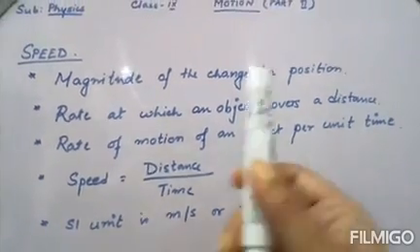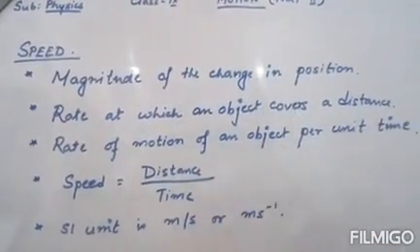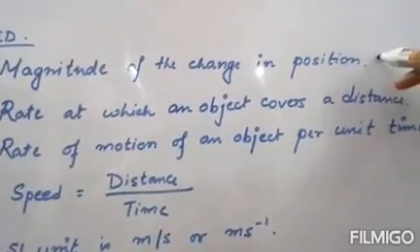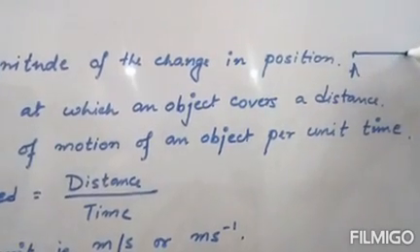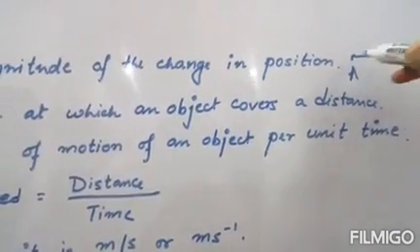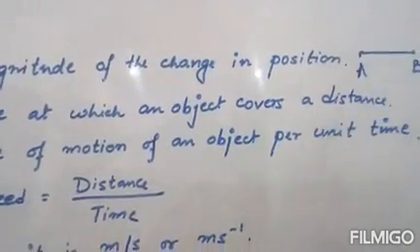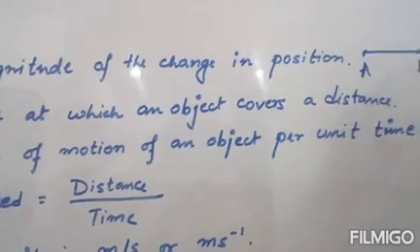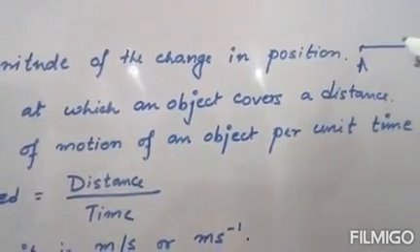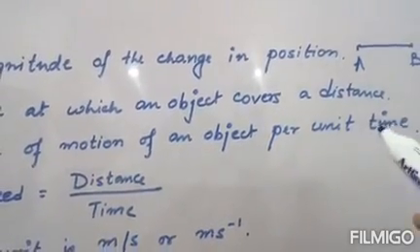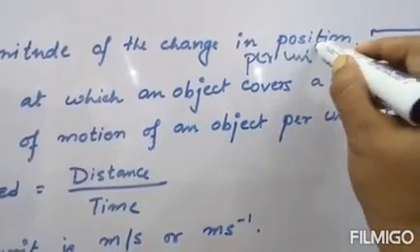So let's define speed. First definition is magnitude of the change in position. Suppose your initial position was over here, let that be A, and you have changed your position to B. This means you have covered a certain amount of distance. This change, the magnitude, that means the number that defines the change in the position per unit time, that is known as speed.